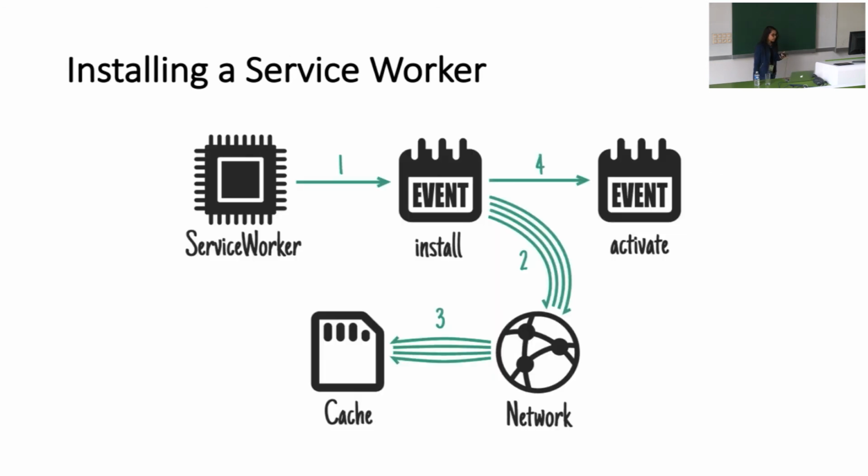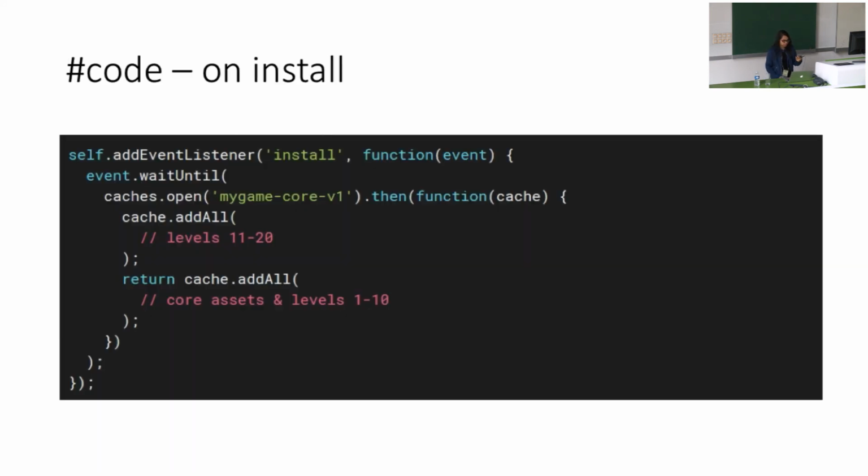Next, we come to installation. This is the step where we cache our resources to use later on. Once the install event is fired, you go to the network and cache all the resources that you want to cache. For the installation, we have caches.open and cache.addAll, where you can add the list of resources that you want to cache.